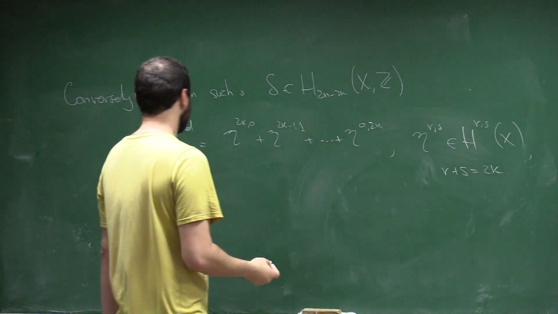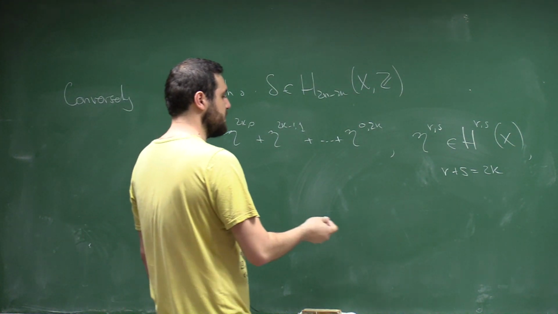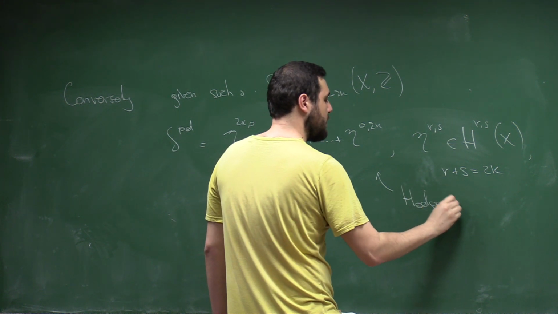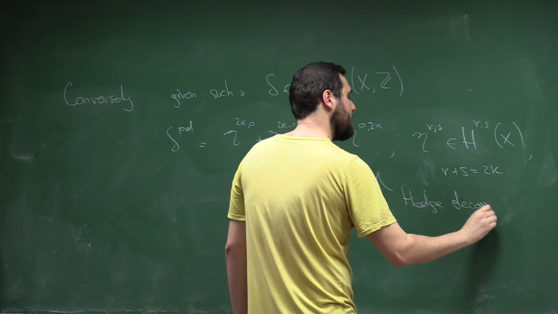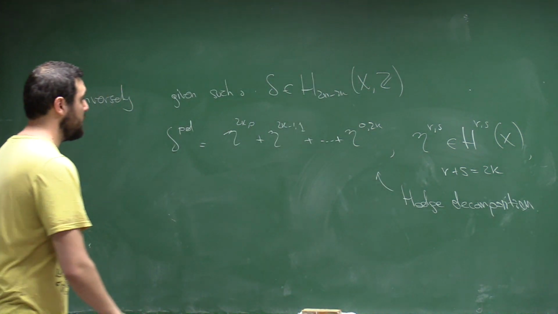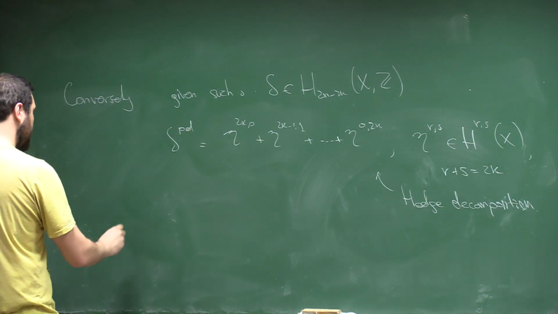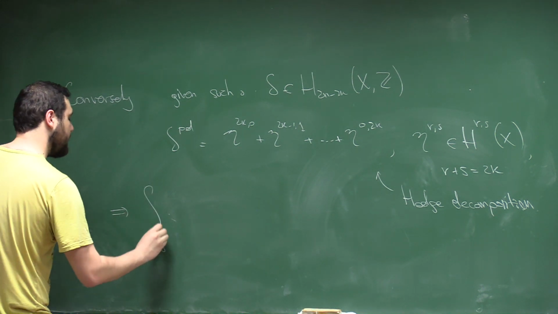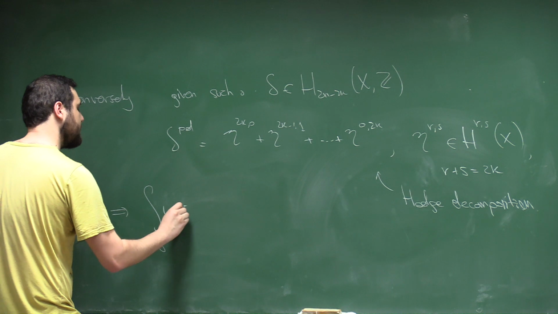This is the Hodge decomposition. Then we know that these integrals, the integral over delta of omega^{p,q}, are all 0.